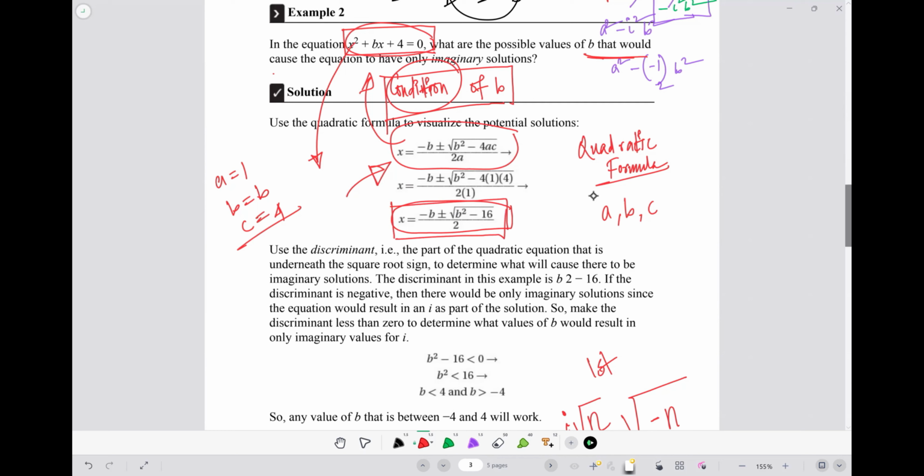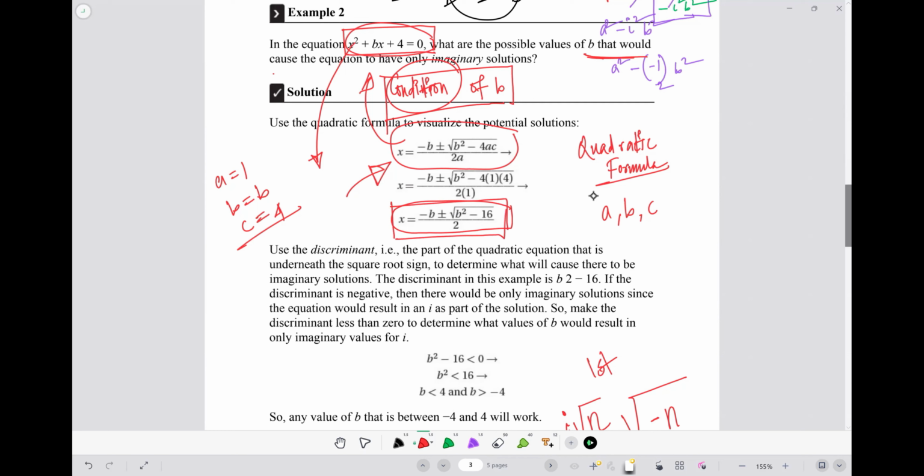Till now we have just come this far. And looking at this expression, we can tell this b is a real number.